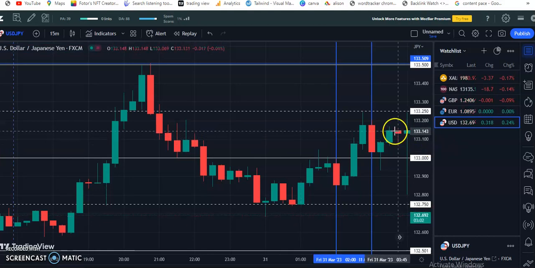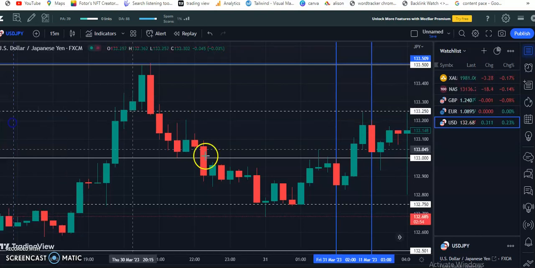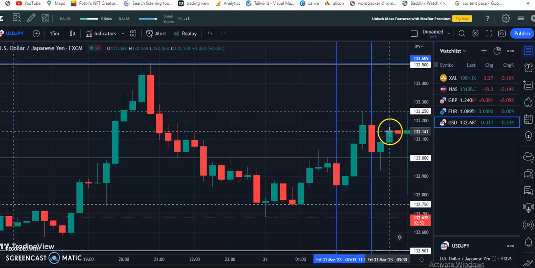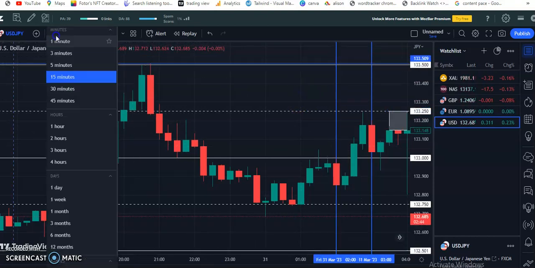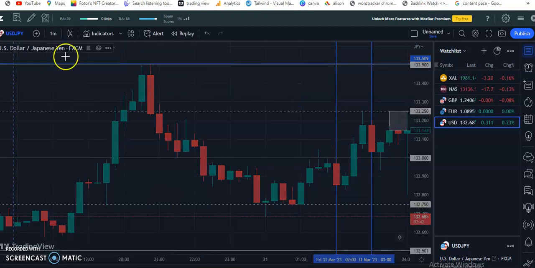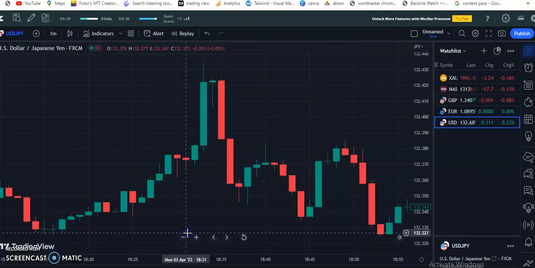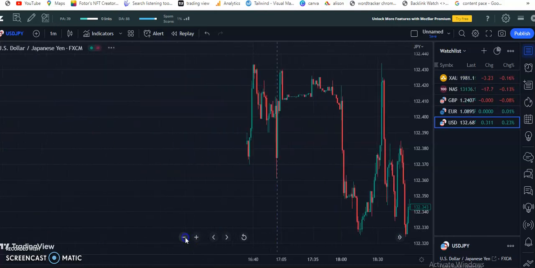So actually the entry level is above this candle up to that round number, the quarter level. Now you can go to the 1 minute time frame and look for a setup.